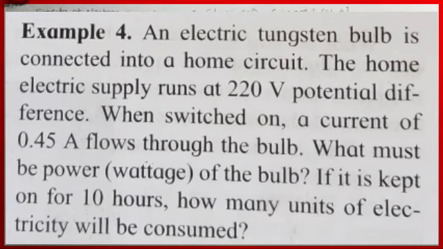When switched on, a current of 0.45 ampere flows through the bulb. What must be the power, which is the wattage of the bulb, if it is kept on for 10 hours? How many units of electricity will be consumed by the bulb?